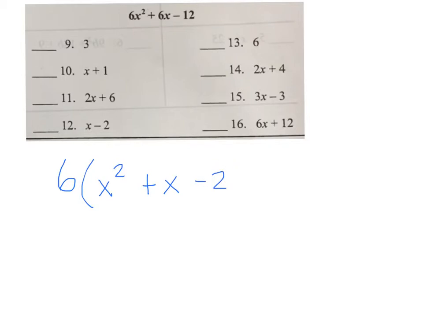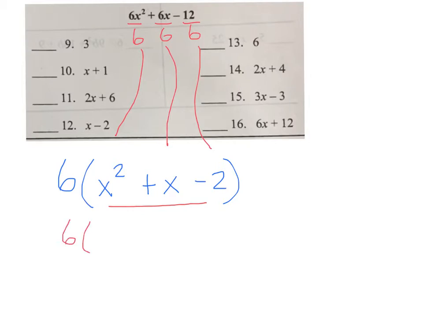Minus 2. Very good. So all I did was I took each term and divided by 6, because 6 would go into each term, right? And so that's how I got each of these. That one, and that one.